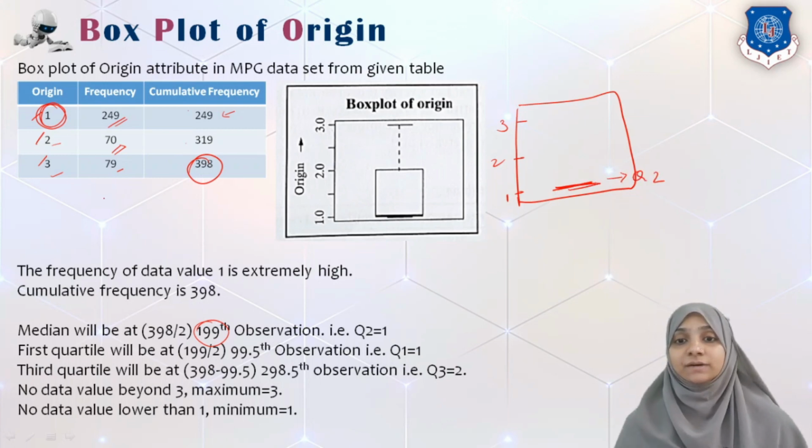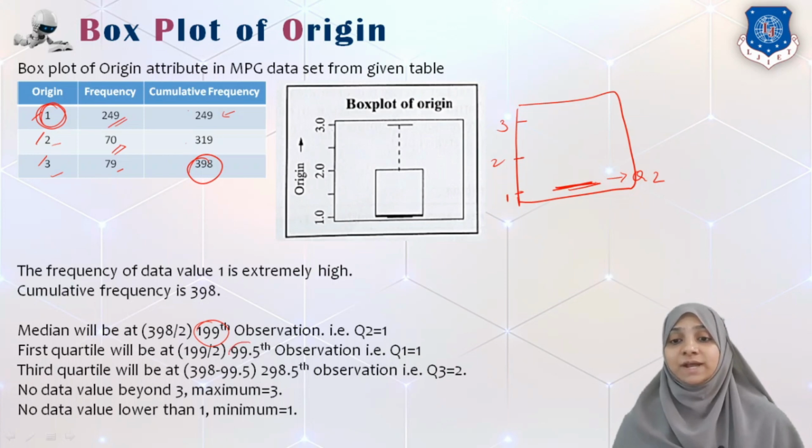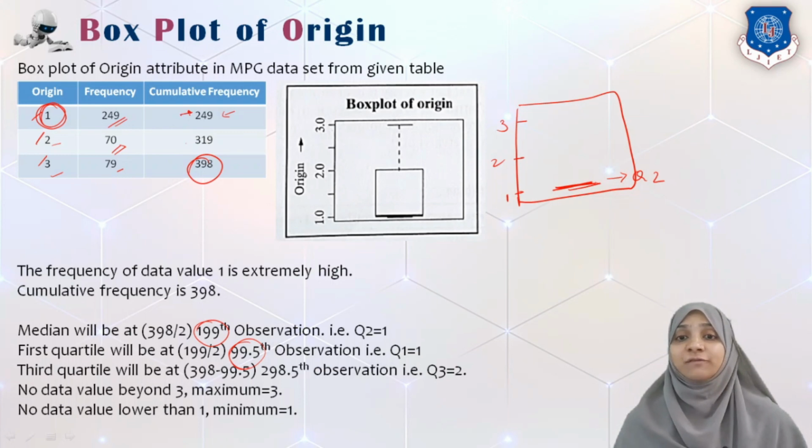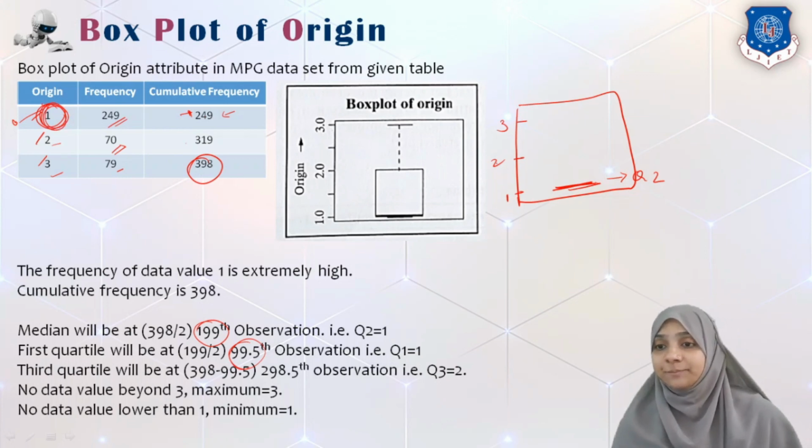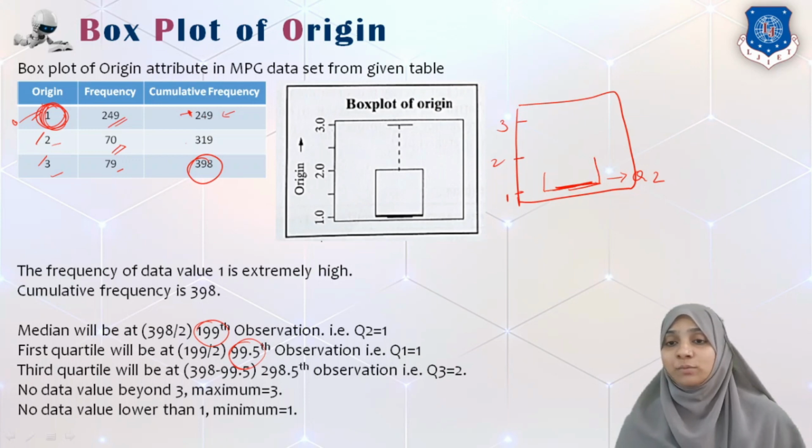Okay, and the median of the first half. The first half has 199 entries, divided by 2 that means the 99.5th observation. Is 99.5 lesser than 249? Yes. So my quartile 1 will also have origin 1. So this will be the outline of my box.